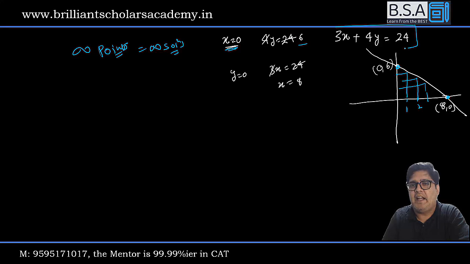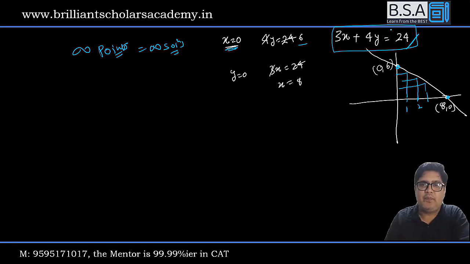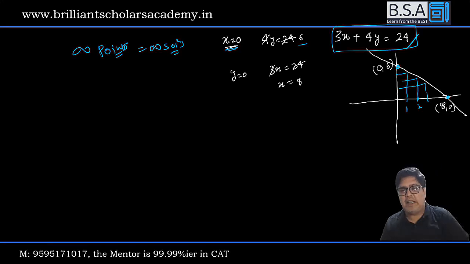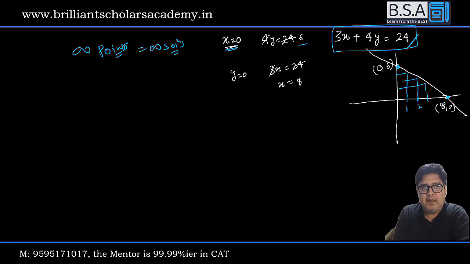There are infinite values of x and y that can fit this equation. But I'm going to show you a pattern derived between x and y, and then we'll go into details of it. See, here, when I put x is equal to 0, I get y is equal to 6.